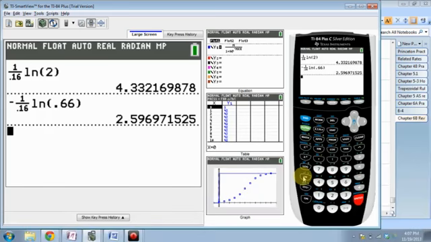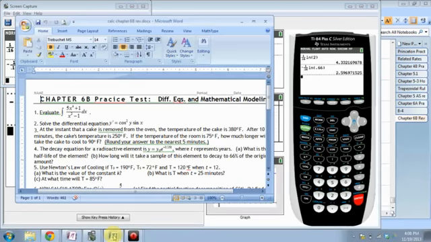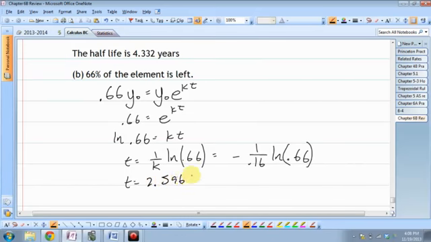That looks like about 2 years. Screenshot, copy. 2.5969.